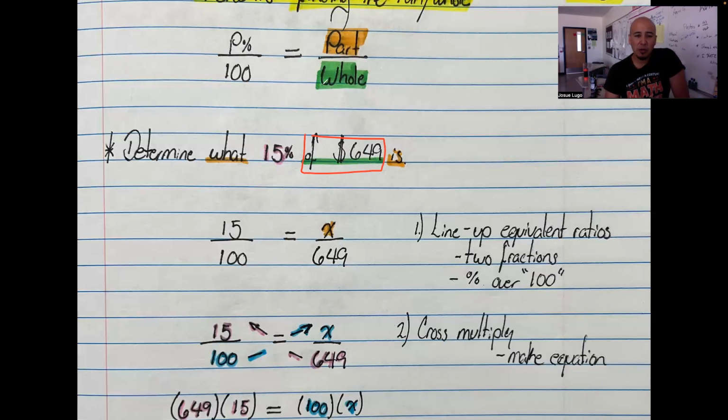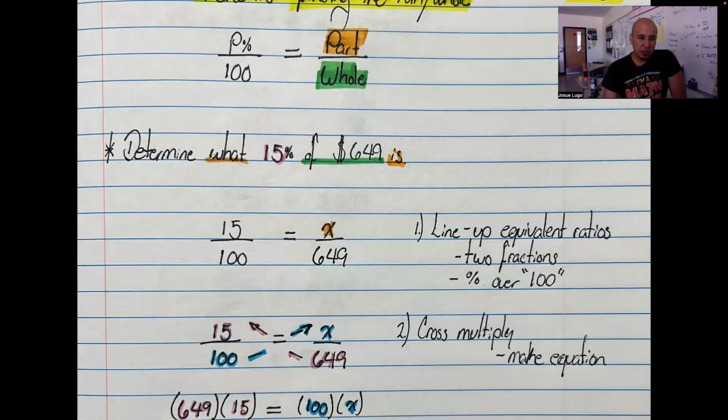If you remember from some other lessons, we discussed how the word is can often be associated with the part, and the word of can be associated with the whole. So similarly, right here, we're taking 15% of 649. So that would mean that 649 is our whole. So that goes on the denominator.